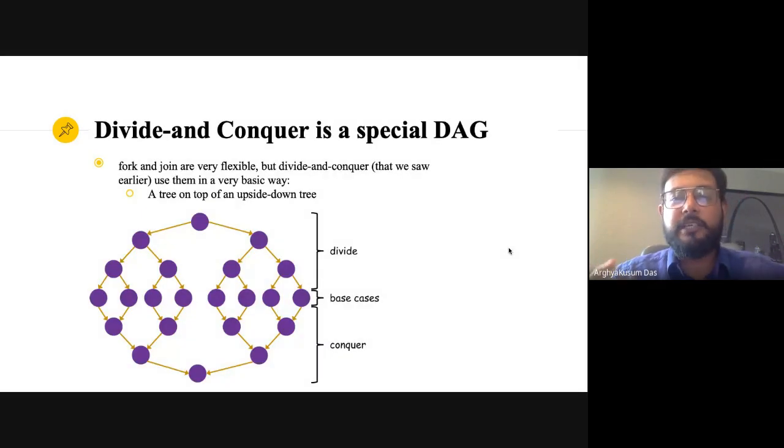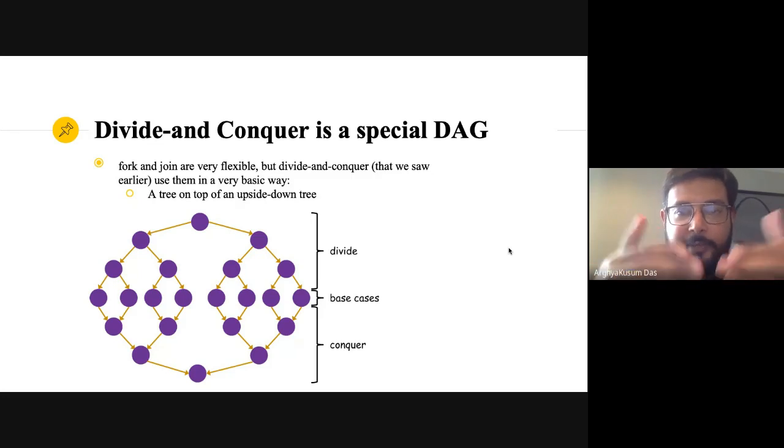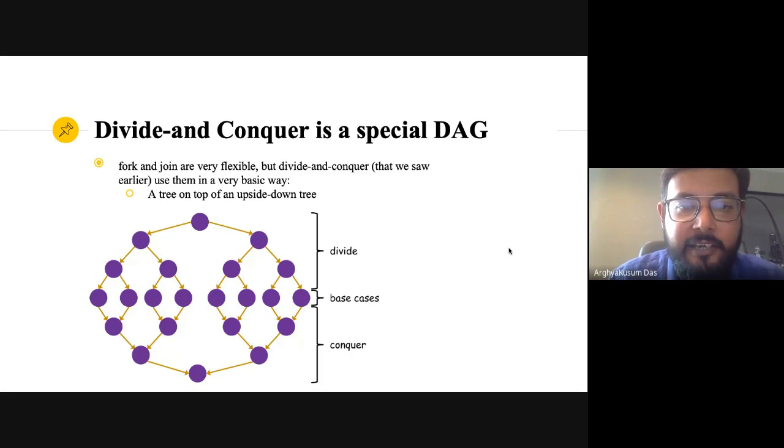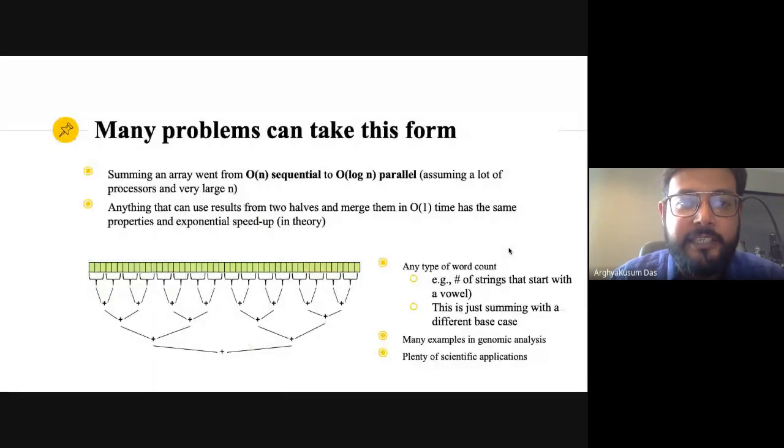So it's always a better practice to visualize your workflow in the form of a DAG. So these forks and joins are very flexible, but divide and conquer has a specific way of fork and join. Basically what we have seen earlier is a specific way to do these things.